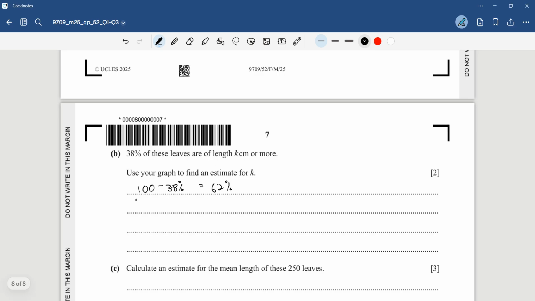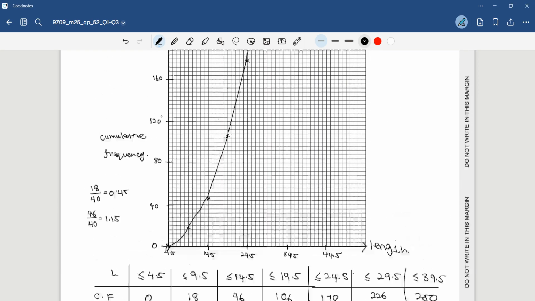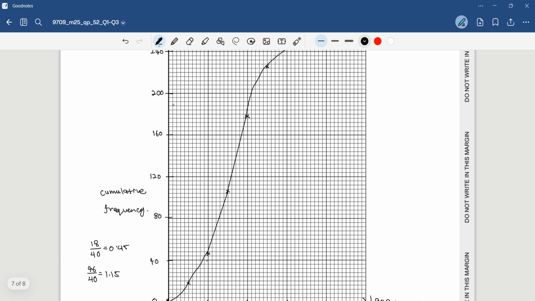Okay, so we calculate out of 250 what 62% is. 0.62 times 250 will be 155. So we look for 155. So 155 divided by 40 will be 3.875.